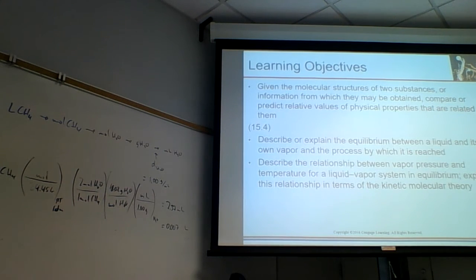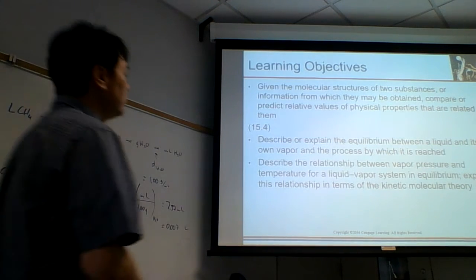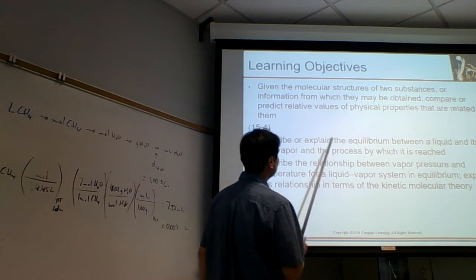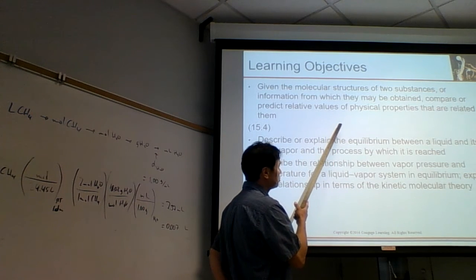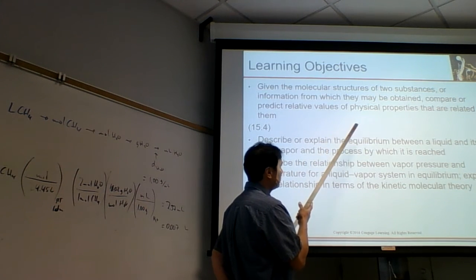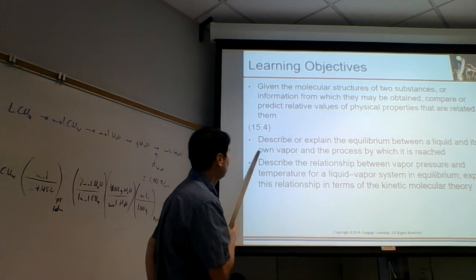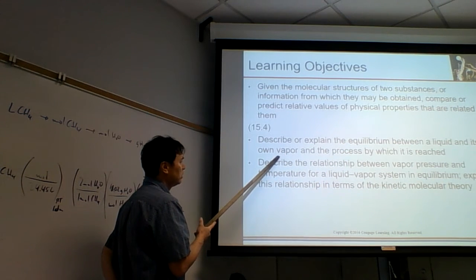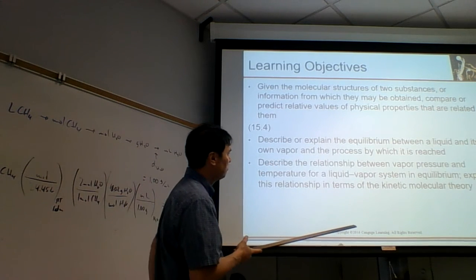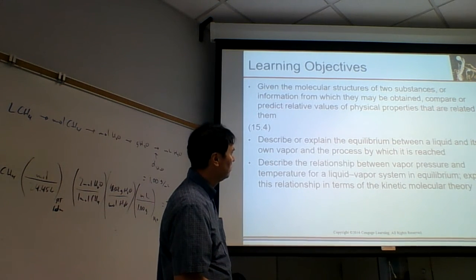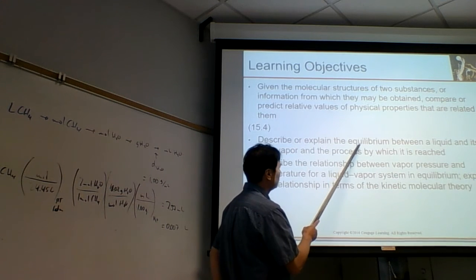Given the molecular structure of the two substances or information from which they may be obtained, compare and predict relative values. So again, this is just trying to identify what types of intermolecular attractions we can expect based on the molecular structure. 15.4, describe or explain the equilibrium between the liquid and its own vapor. Okay, when something vaporizes, we have what's called a dynamic equilibrium.